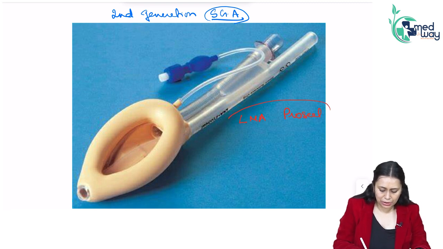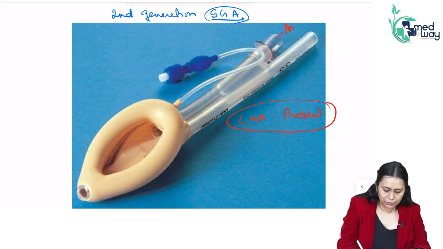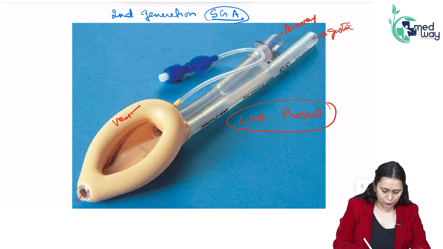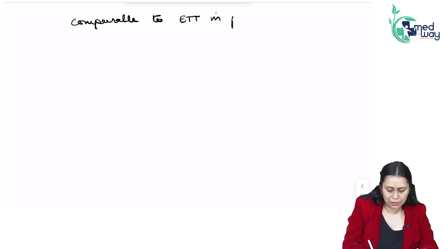Now LMA ProSeal has an airway tube. This is the airway tube. This is the gastric tube. This is the ventral cuff and behind is the dorsal cuff. This is the gastric opening. This is the airway opening. I want to tell you that it has all the benefits of classical LMA: easy to insert, fast to insert, less invasive, and it is comparable to endotracheal tube in preventing aspiration.